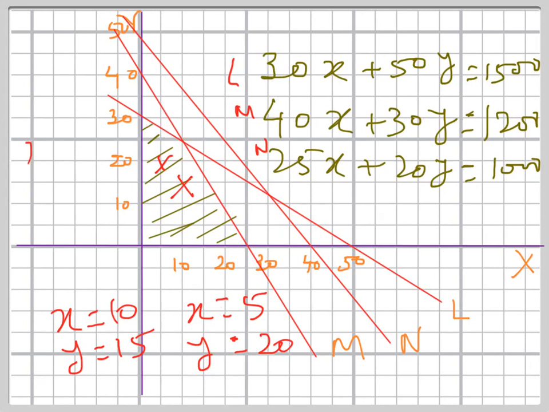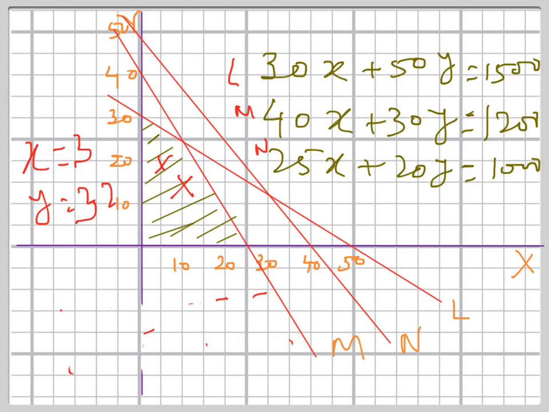So suppose we take x equal to 3 and y equal to 32, then we can check whether this is satisfying all the constraints or not. x equal to 3, y equal to 32.